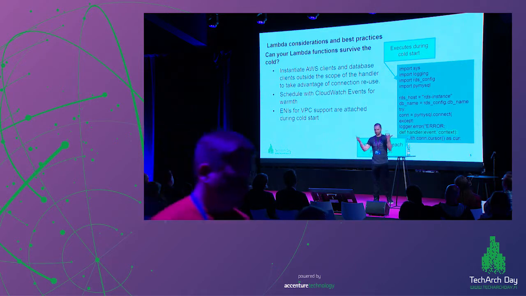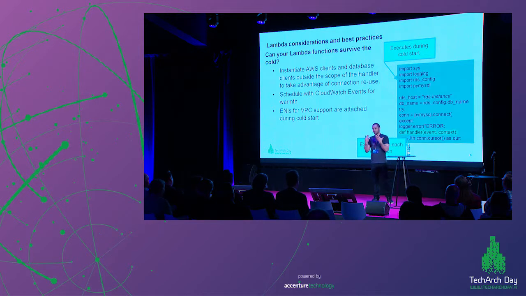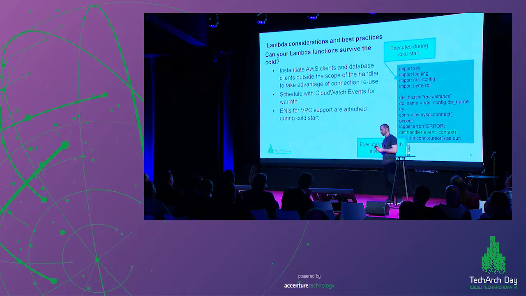Those will be instantiated at the call start. So the first time your Lambda function is executed, we will import all the libraries in the environment, and after that, we will only call the Lambda function, right? So this is a very good way to prepare your Lambda function for very optimal and fast use.